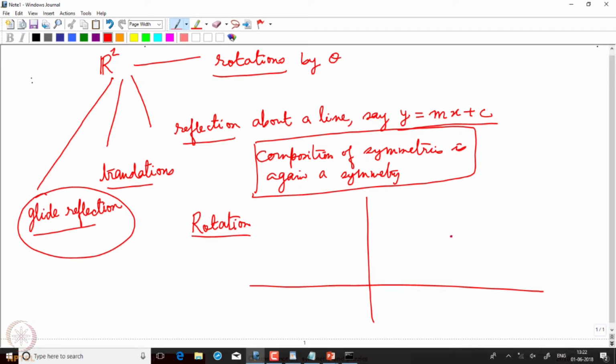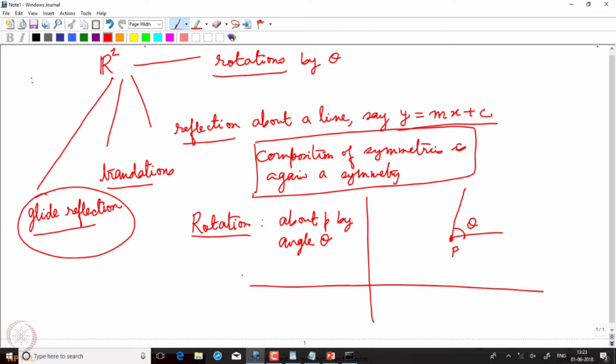So what is rotation? I pick a point P and then I decide a certain angle theta, and I rotate everything by an angle theta about P. One can express all this in terms of matrix.